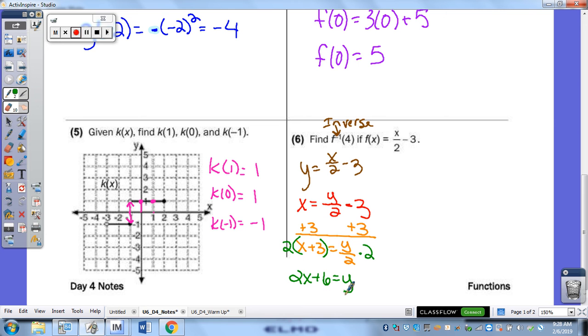So I now have y by itself. I can go ahead and fix my notation. Put that back to my inverse notation. So that's f to the negative 1 of x equals 2x plus 6. So now that I have my inverse, now I can actually figure out what f to the negative 1 of 4 equals.